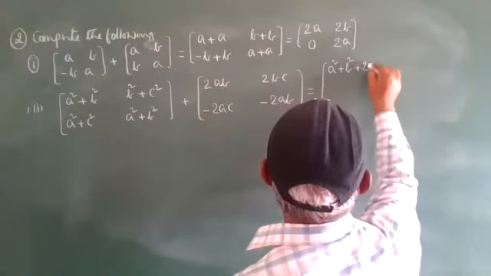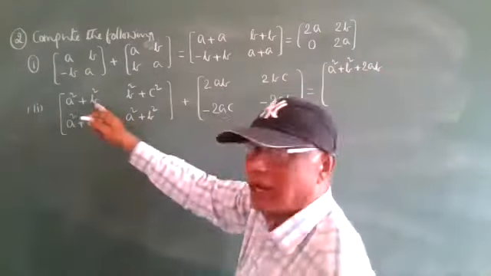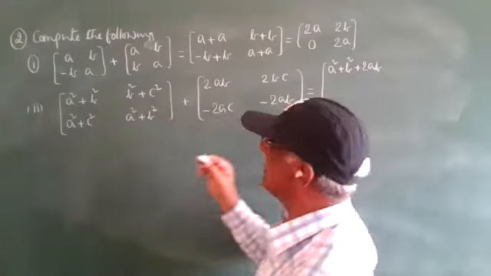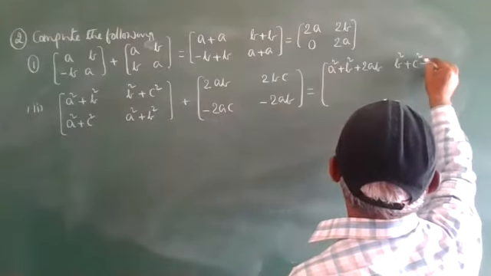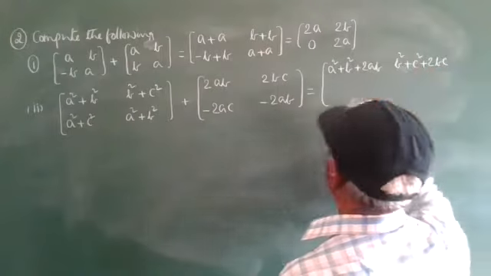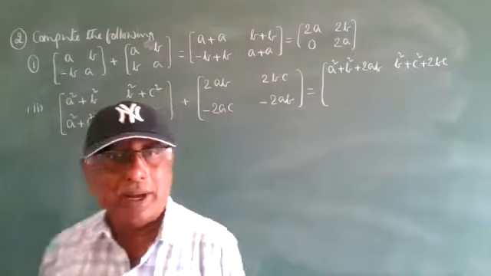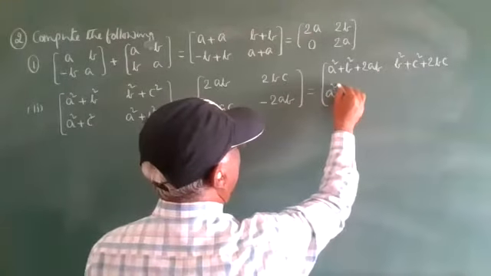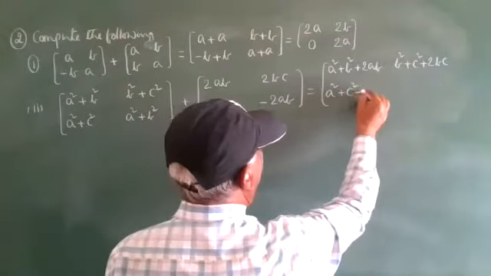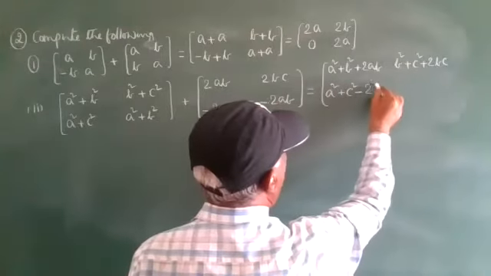First element is added with the first element: a square plus b square added with 2ab. Second element, b square plus c square, added with the second element 2bc. Third element, a square plus c square, added with minus 2ac.